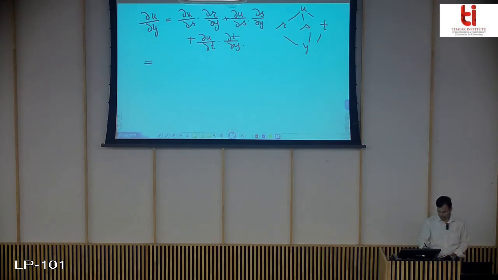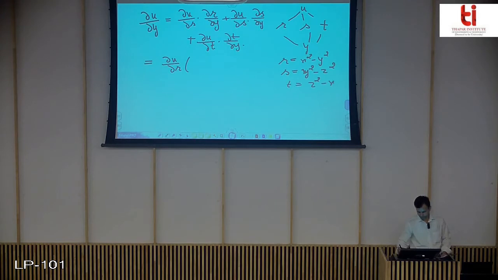So this is the formula for the derivative of u with respect to y using the chain rule. Here r, s and t are given like x square minus y square. I am writing it here so that you can see clearly what the derivatives come out to be. So del r by del y is minus 2y, del s by del y is 2y, and then del t by del y is 0.